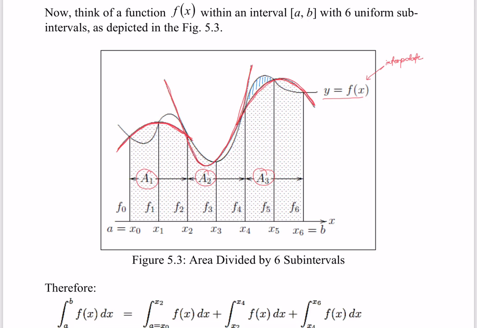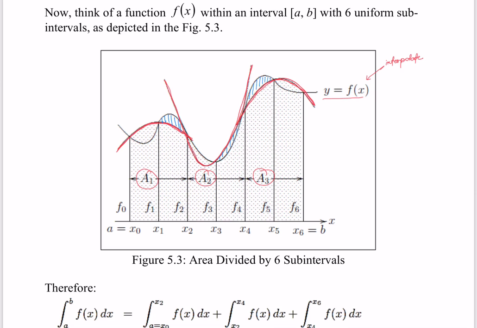Here in area 1 we have this one, which is also not considered, and in area 2 we also have this one, which is not considered.